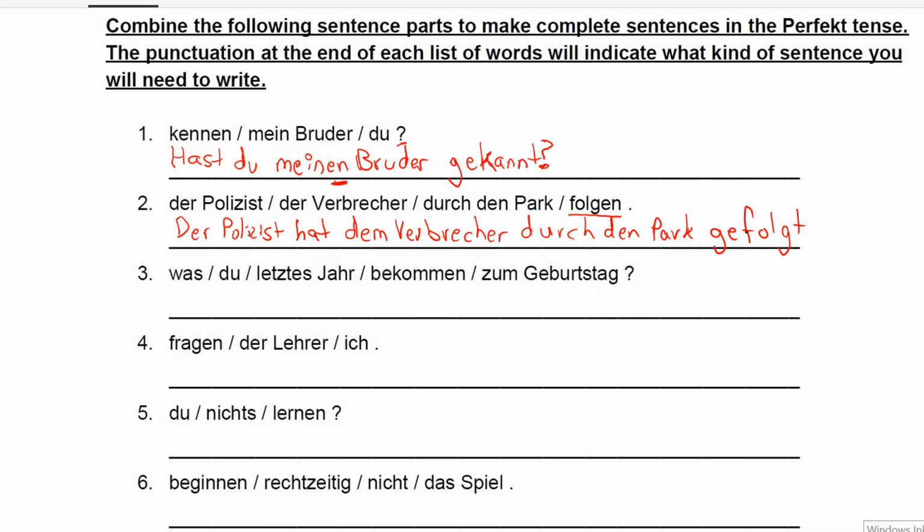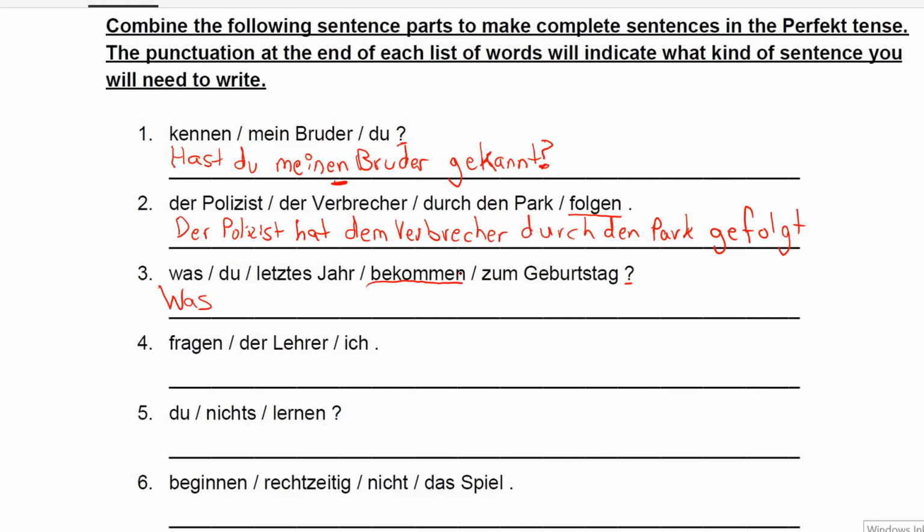Nummer 3. Was is our indication that this should be a question, also indicated by, of course, this question mark at the end, which means we're, of course, going to start with our question word, was. Then we have to identify our verb just to make sure that we're using the right form of haben or sein. Bekommen is a transitive verb. It means to receive.